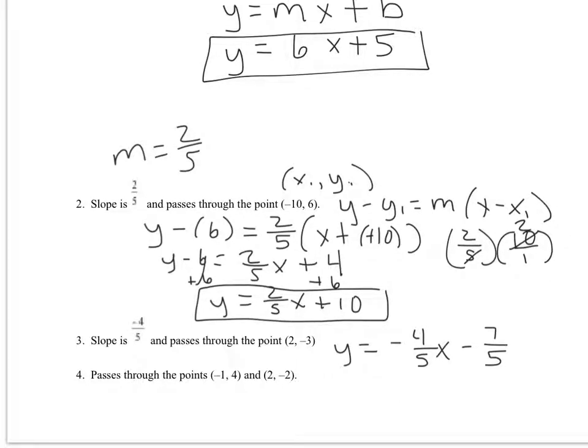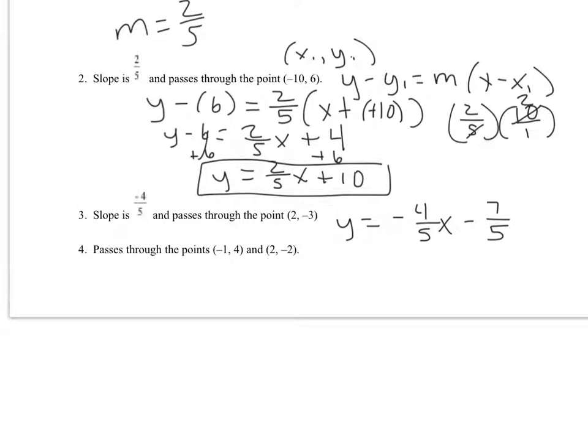Now, the one that follows that is a little bit different because we have two ordered pairs here. They did not give us the slope or the y-intercept because neither of these ordered pairs has an x-coordinate of 0. That means we're going to have to first find the slope and then we can plug into point-slope form.